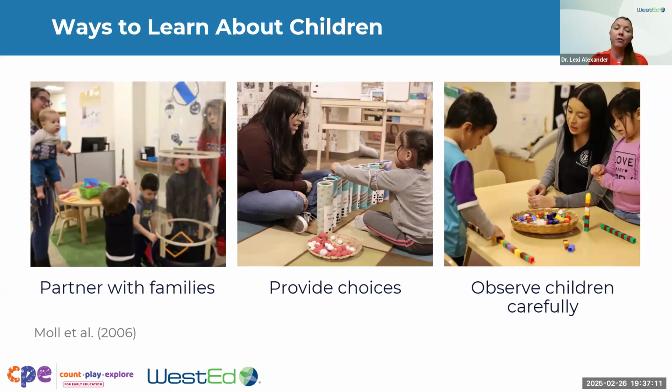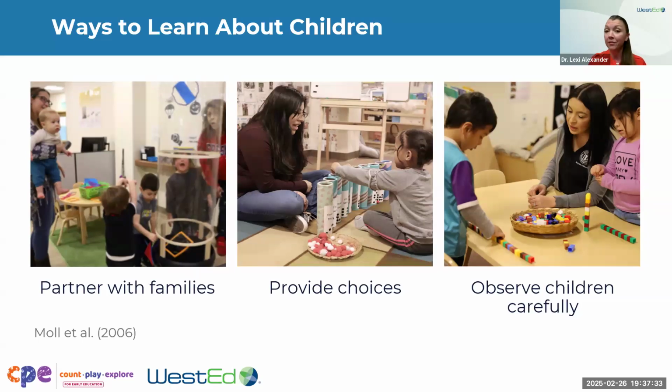And another way we can learn about children is with partnering with families, right? We might notice how they communicate with their family members, and we might be able to learn about their cultures and lived experiences.